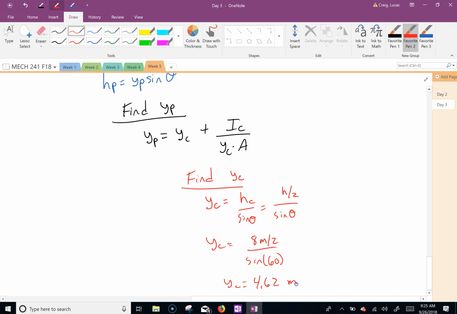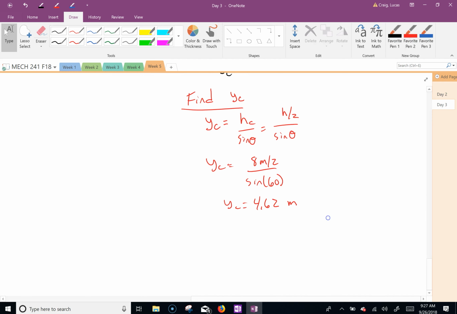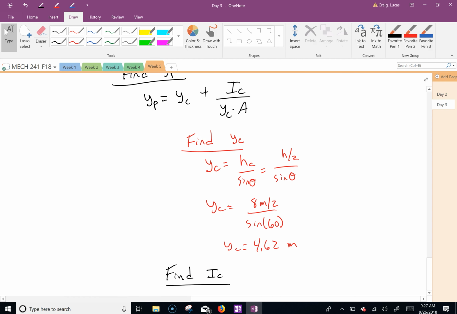And I'll let you catch up. Going a little fast. Now, if you notice, there's a lot of things that you can find ahead of time. You can find IC, you can find YC, you can find the area. Have all that stuff up front, and then plug it down below.